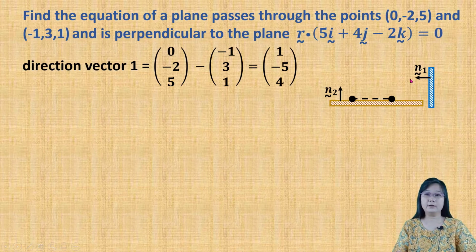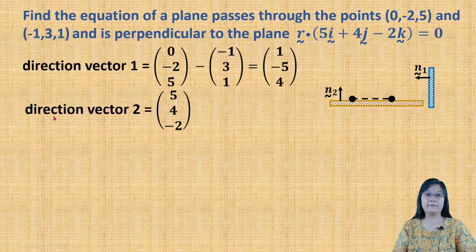The normal vector of this plane is actually parallel to the plane we want too. So the normal vector of plane 1 can be used as the direction vector of plane 2. So now I have the second direction vector, that is 5, 4, -2.